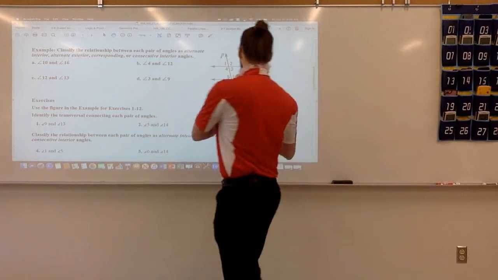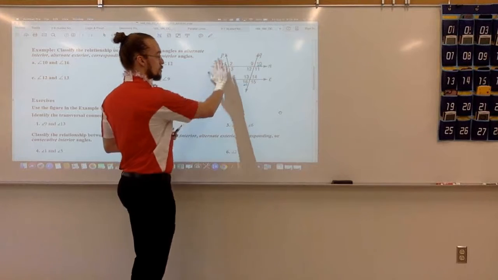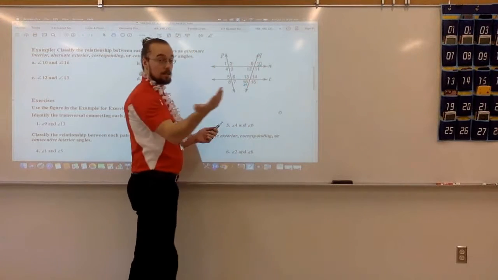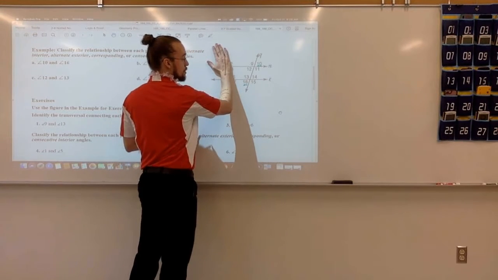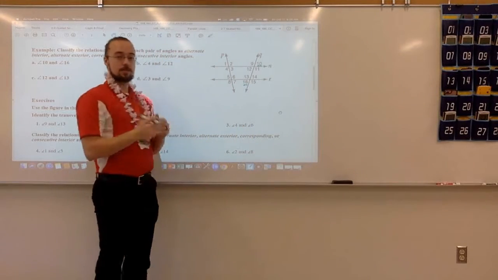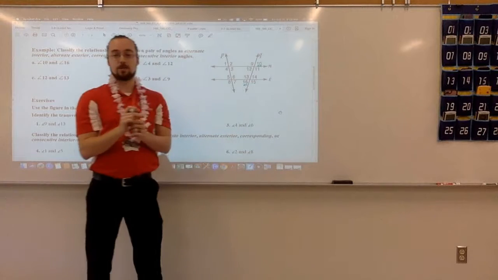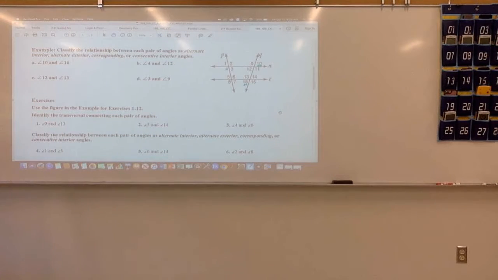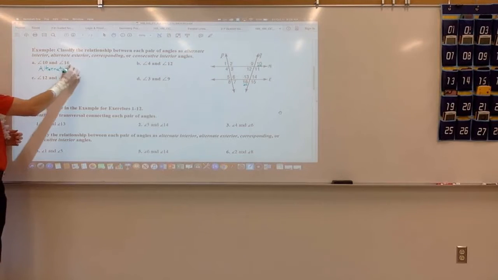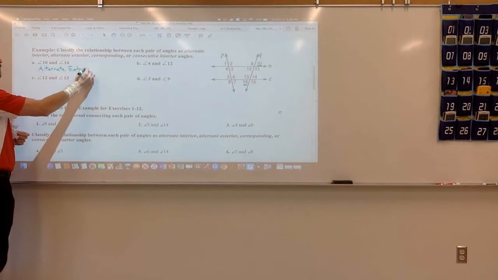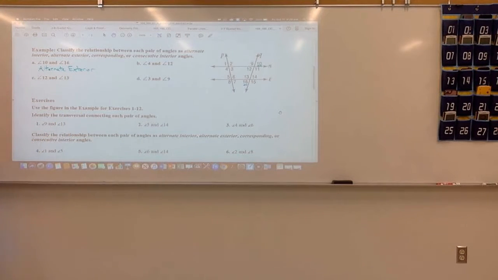So to look at the relationship between those, I can cover up this entire half of the diagram and say, well, they're both on the outside of my lines, and they're on opposite sides of the transversal. So, as Kodak just said, those will be alternate exterior angles.